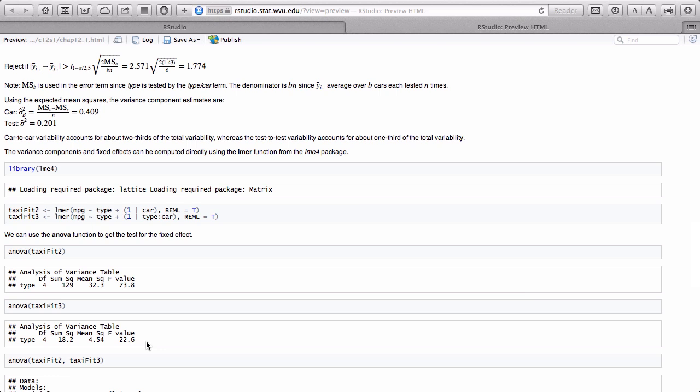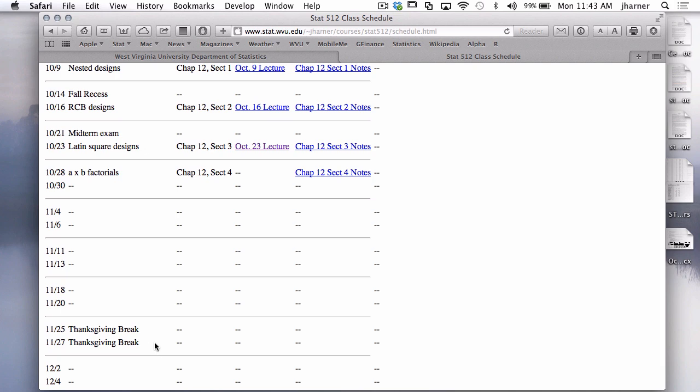So I have been experimenting with this package lme4, and I thought it would be relatively straightforward to reproduce what you would get in JMP, and what you get in JMP.